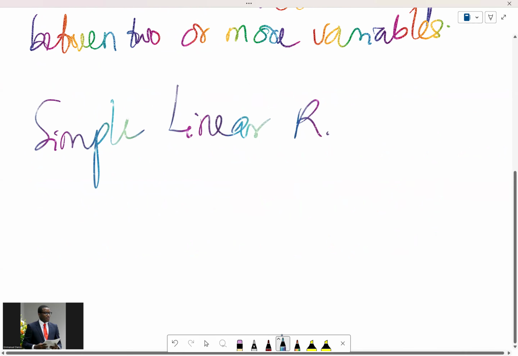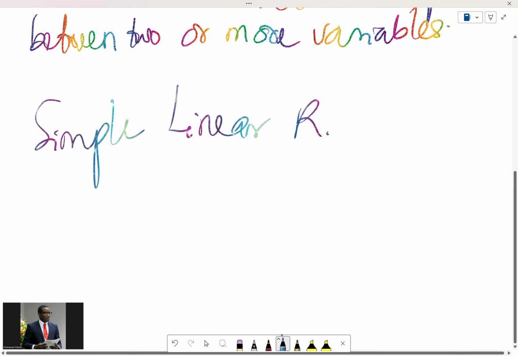So the goal of linear regression is to minimize the sum of the squared residuals, known as the sum of squared errors, just like the residuals are errors.